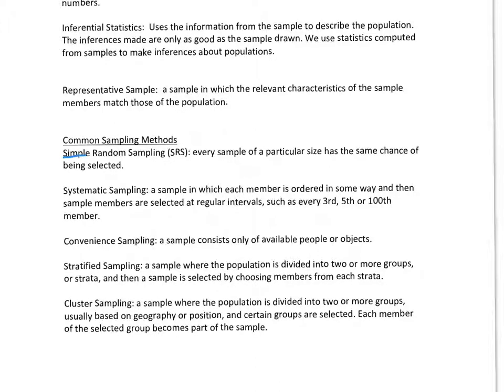If you see people drawing tickets, you are pretty convinced that that's a random drawing. So keep that in mind. People aren't going to actually carry around a fishbowl and do it, but if it's possible for you to do that sort of thing, it's probably a simple random sample.